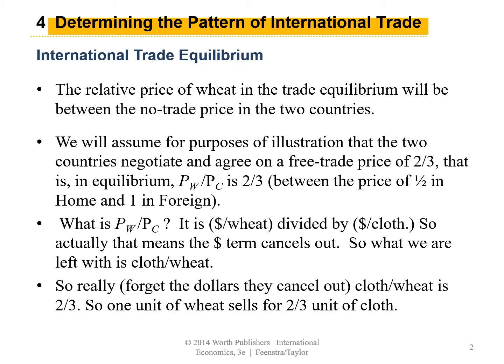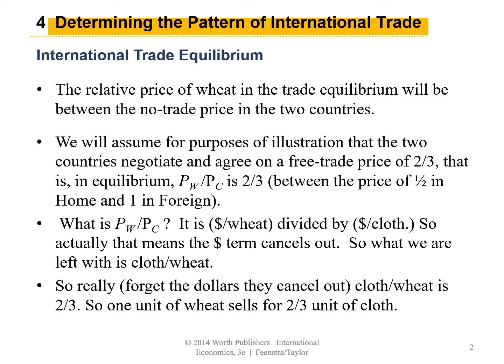So that's sort of like the international relative price of wheat in terms of units of cloth. The dollars cancel out.